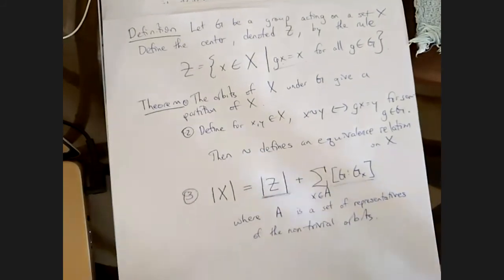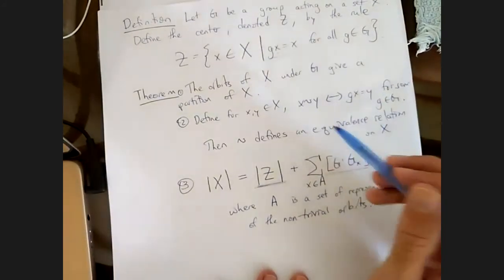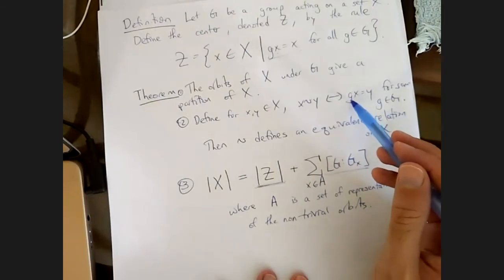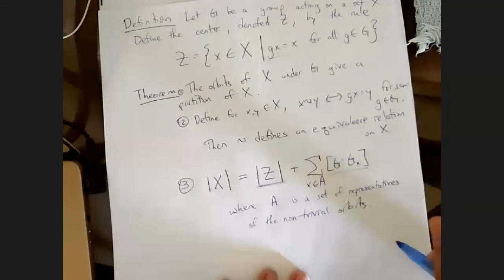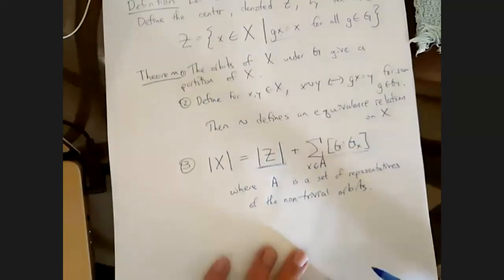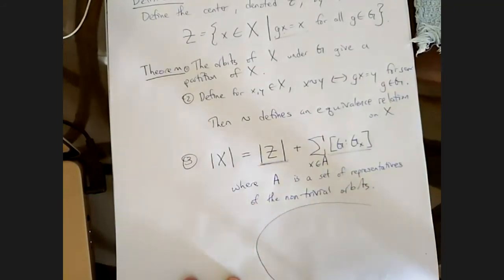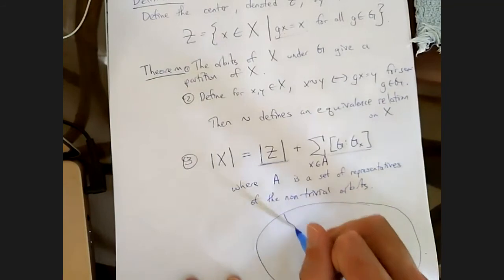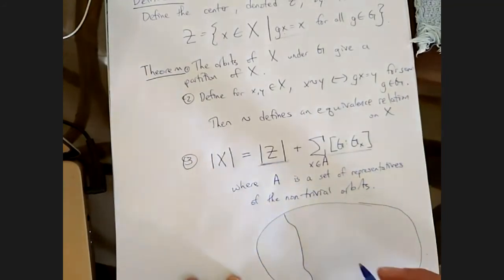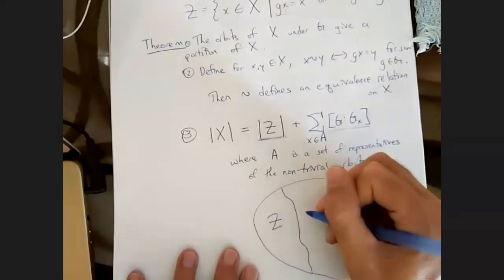Okay, and the idea of this theorem is that once you show that you get this equivalence relation defined by the action of G, I'm just going to draw a picture for this. But I believe I did write it down in the notes if you want to see. So once you partition X into all the different parts, here's the center.